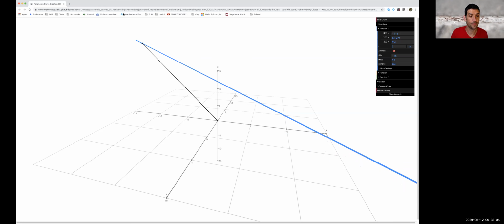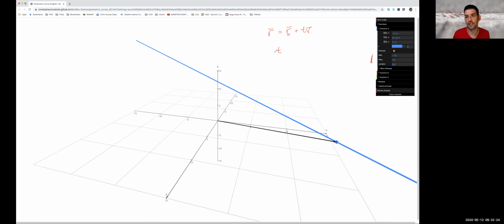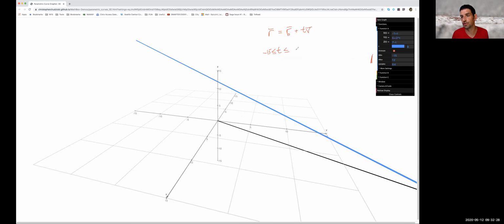So remember, we've got our vector function, r is equal to r naught plus tv. This animation is showing you values of t. This is all written down over here. The values of t in this particular animation are going from -15 up to 12.